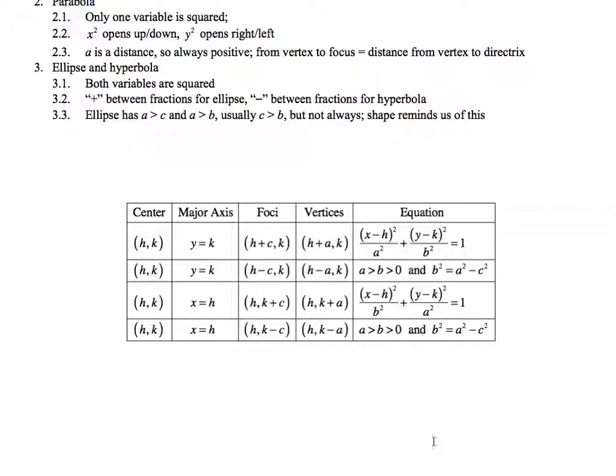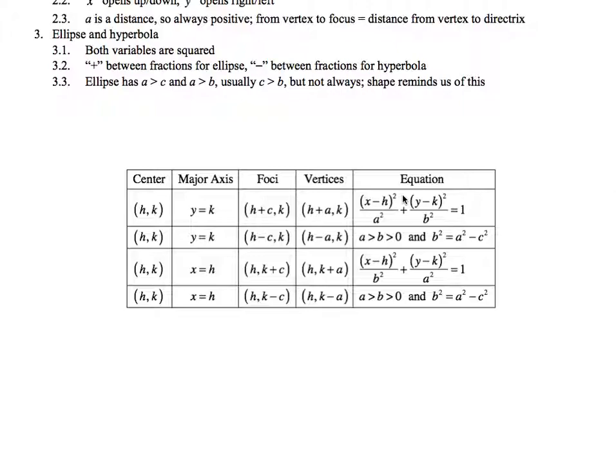Okay, here's the table of equations that refers to what I was talking about just a minute ago, with the larger number being under the quadratic term that corresponds to the direction that the ellipse runs. So under x squared means left and right, parallel to the x-axis, and under the y squared term means up and down, parallel to the y-axis.